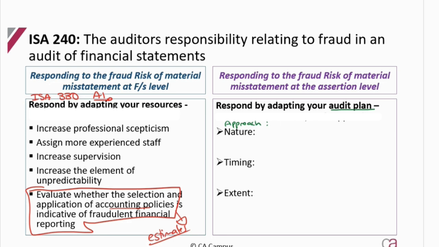Now we think that there's a risk of fraud. Do I want to go and test to see if some of the controls are working, or do I want to test the detail to see whether there really is fraud? You want to go more detailed. So you will choose to go with a substantive approach.